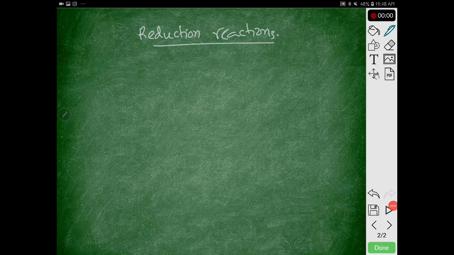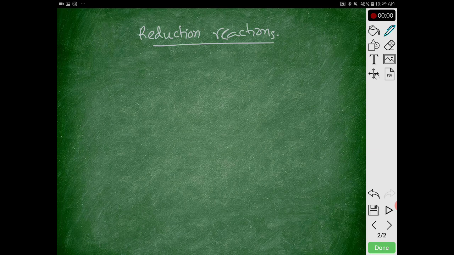Hello, dear students. As I discussed yesterday, we will be starting with redox reactions. There are various types of reactions that happen in chemistry, and out of that, one important type is the redox reaction.